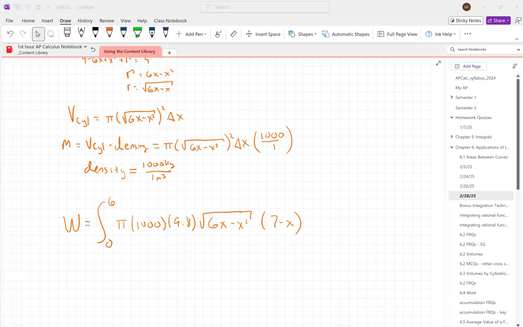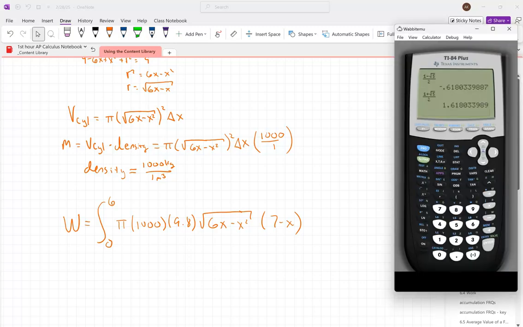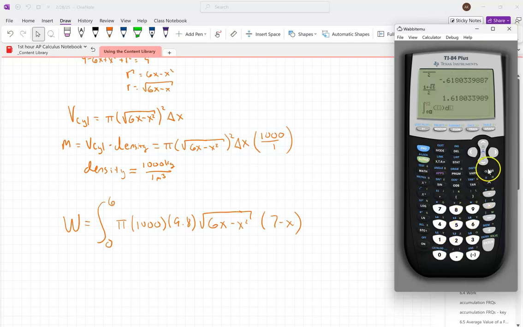Now the textbook did something a little bit different here to orient theirs, but I think this should still work. Let's see if we get the same result.